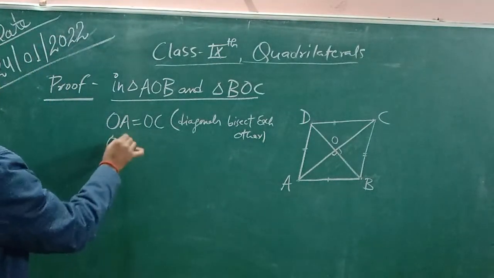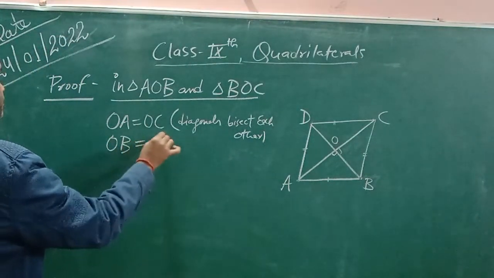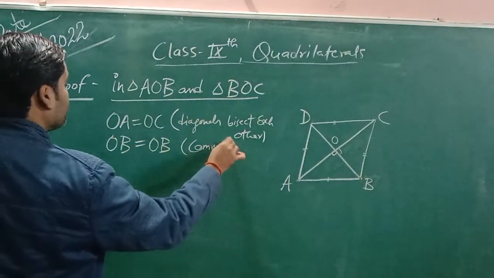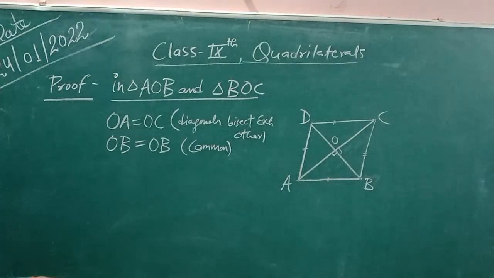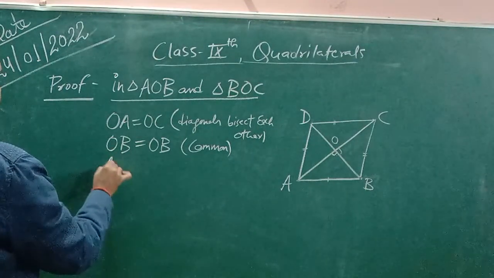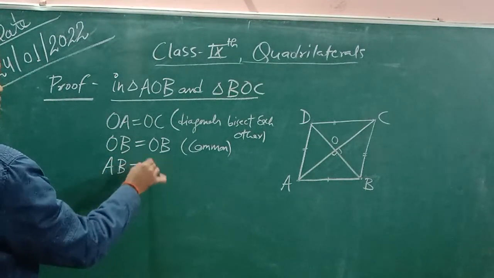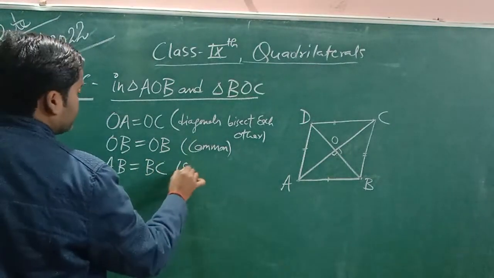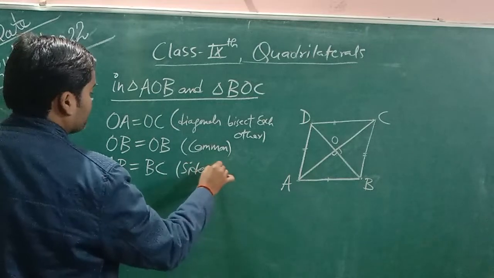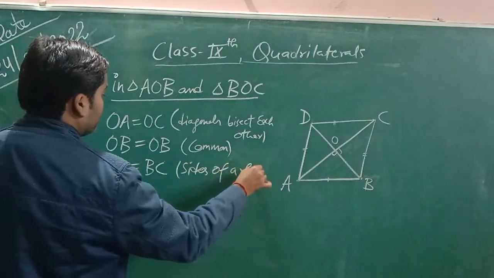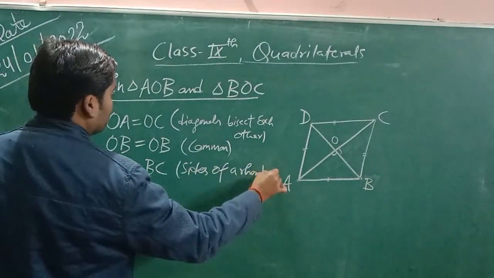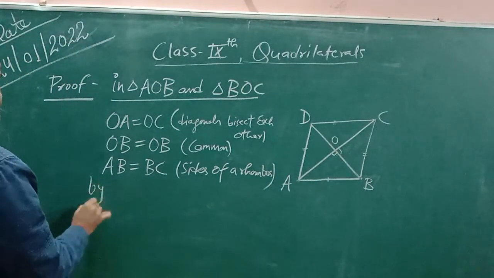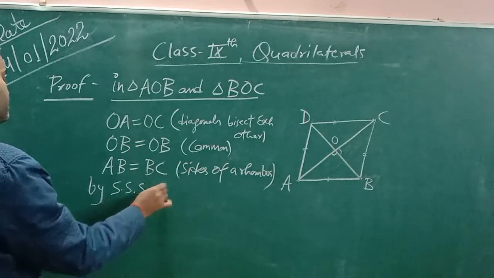OB is equal to OB, common. And AB is equal to BC, the sides of the rhombus, by side congruency.